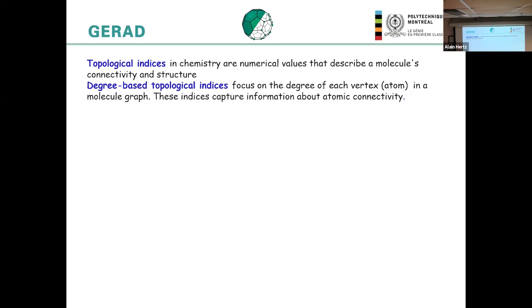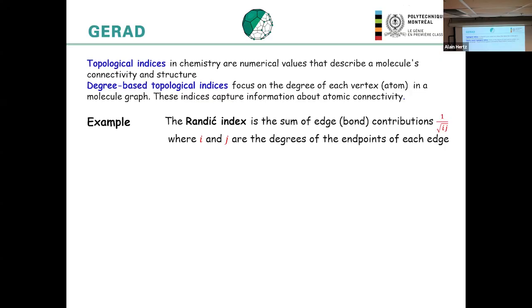And among these topological indices, you have the degree-based topological indices. This means that the only thing they do is put a weight on every bond, on every edge. And the weight depends only on the degrees of the endpoints.